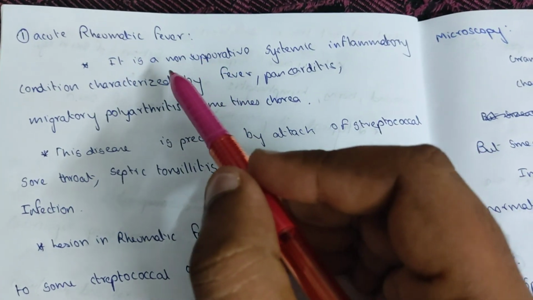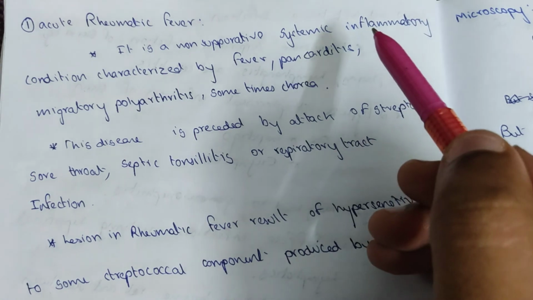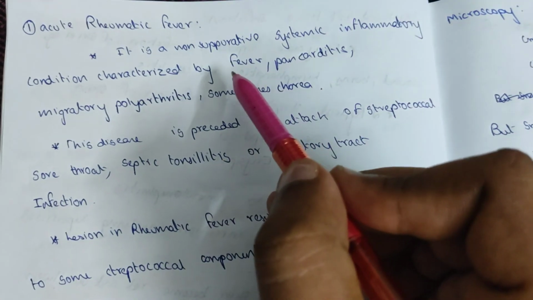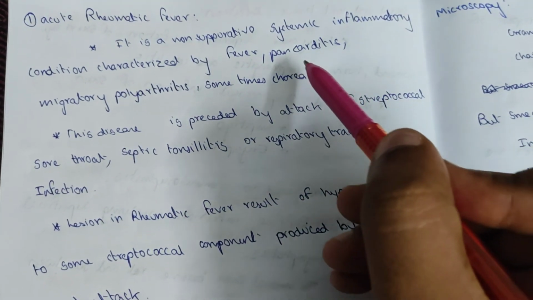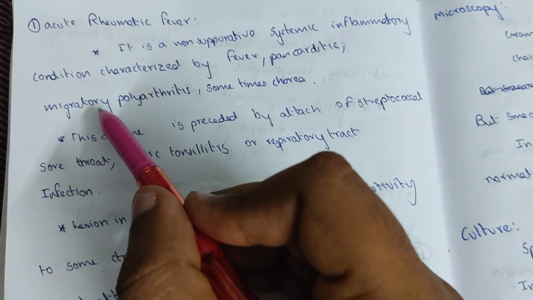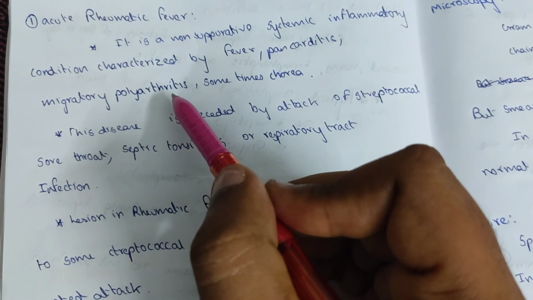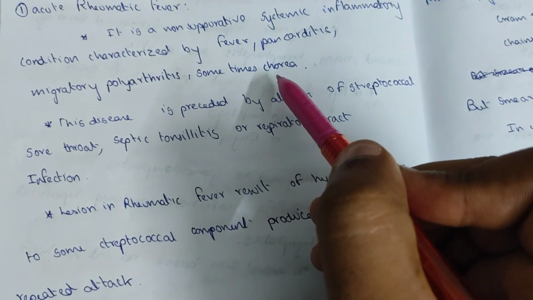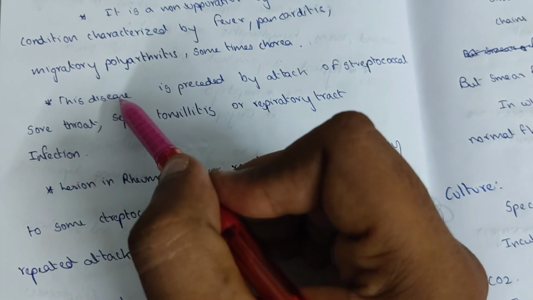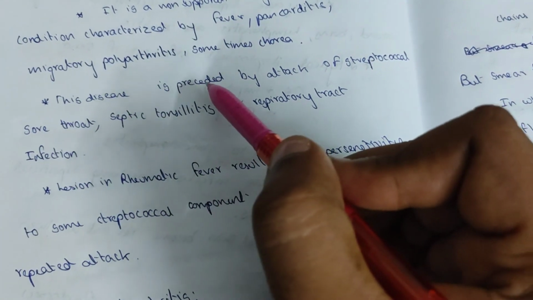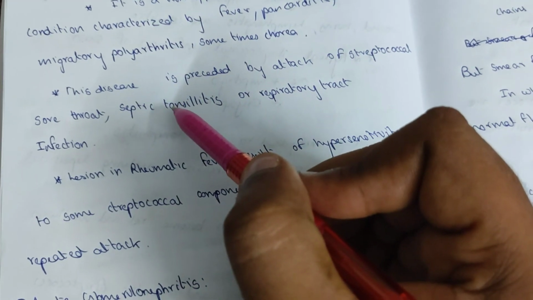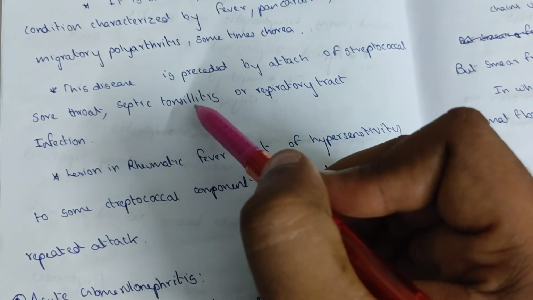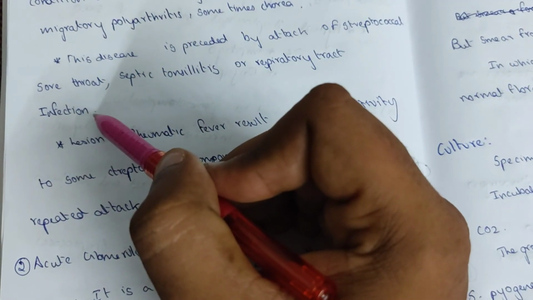Acute rheumatic fever is a non-suppurative systemic inflammatory condition characterized by fever, pancarditis, migratory polyarthritis, sometimes chorea. This disease is preceded by an attack of streptococcal sore throat, tonsillitis or respiratory tract infection.